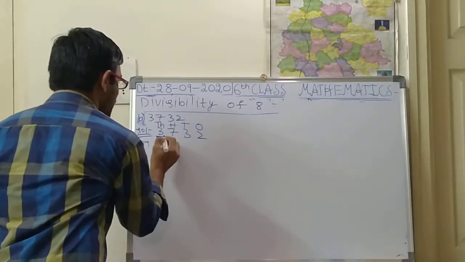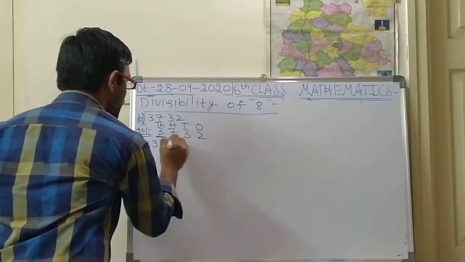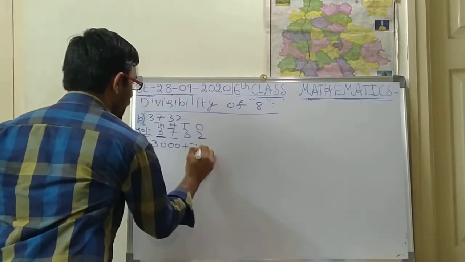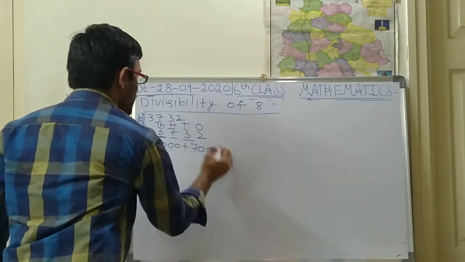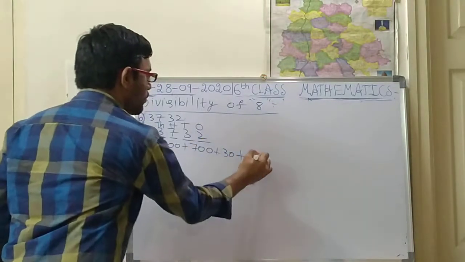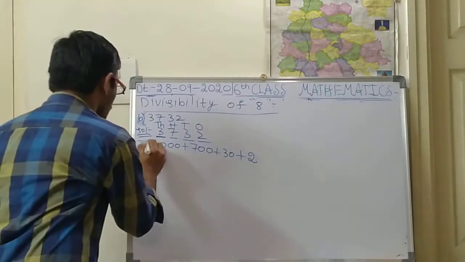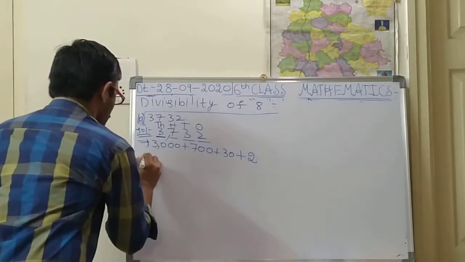So 3 is in the thousands place, so 3000 plus next 7 is in hundreds place, 700 plus next 3 is in tens place, 30 plus next 2 is in ones place, 2. Okay, so after writing this, what are you supposed to write?